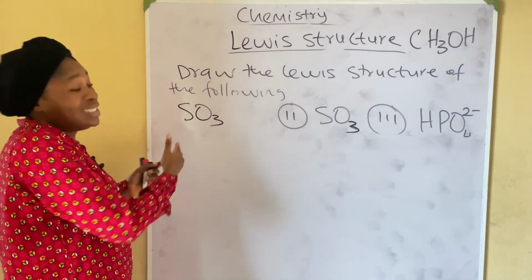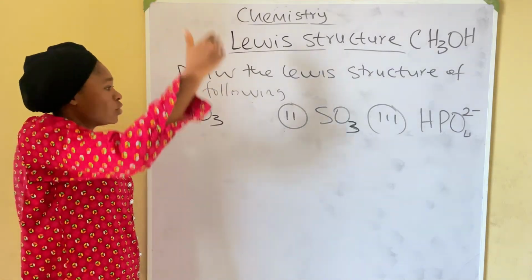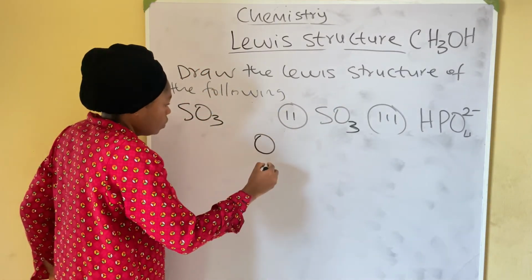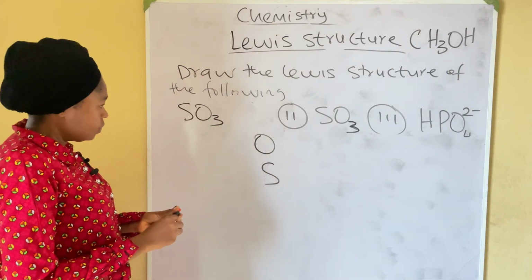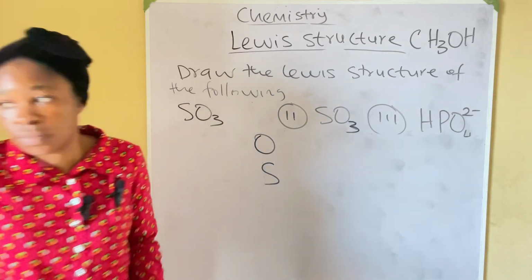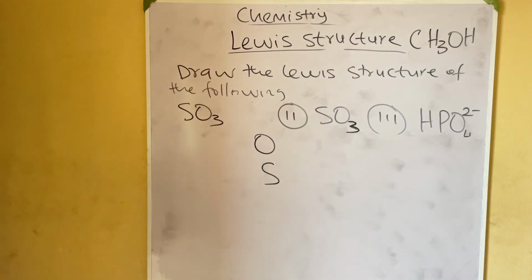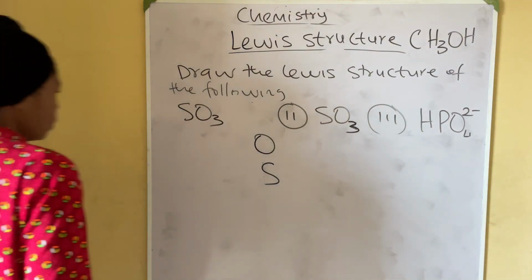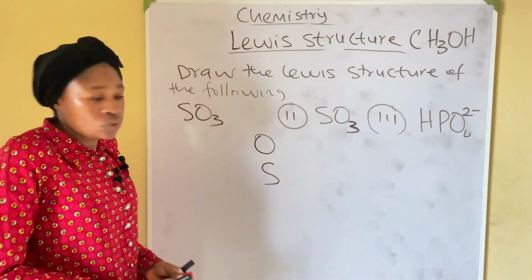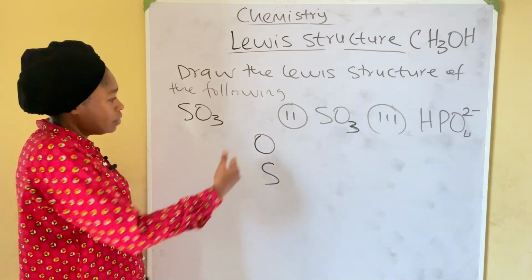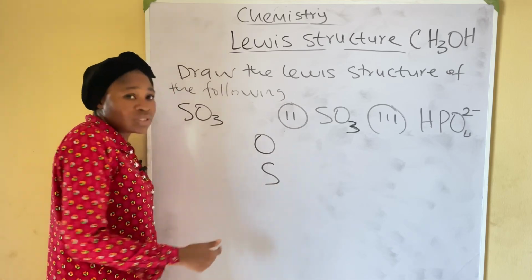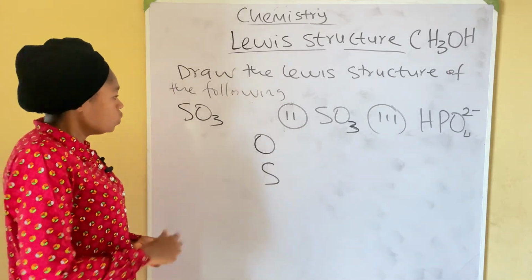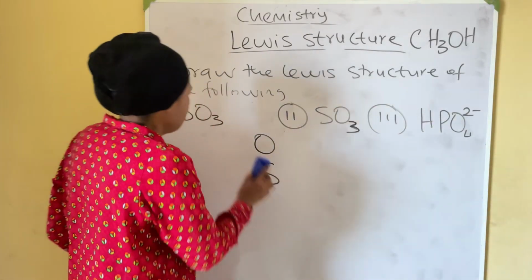Sulfur and oxygen are in the same group, so electronegativity decreases down the group. That means sulfur is less electronegative than oxygen, so sulfur will be the central atom.